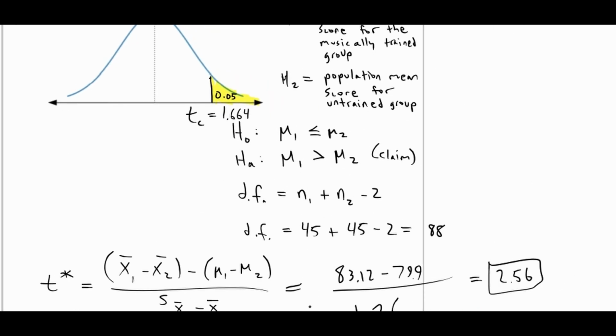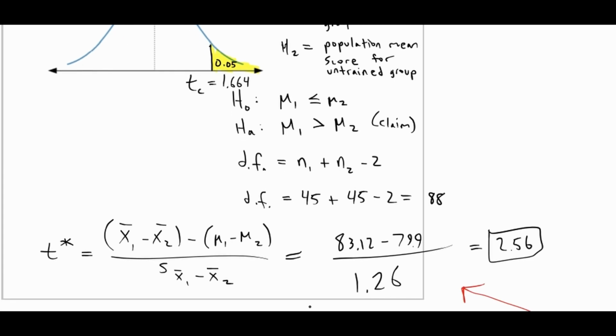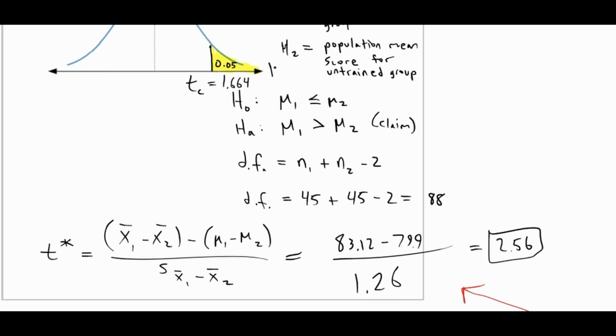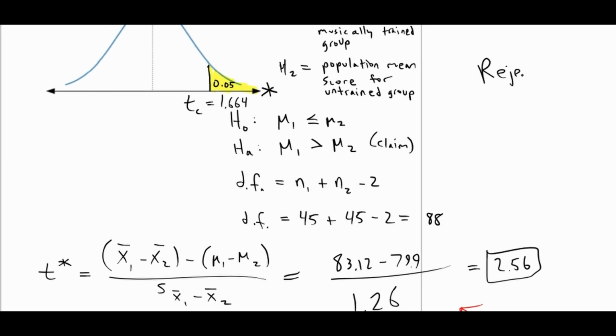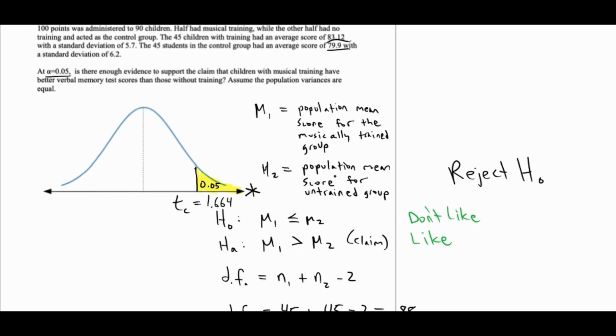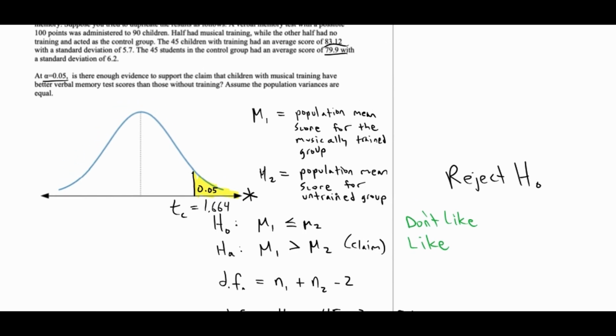So am I in the rejection region with this? Yes, we would be over here. So I will reject H0, which means that we don't like it, and we do like the claim. The claim was that having the musical training did make a difference.